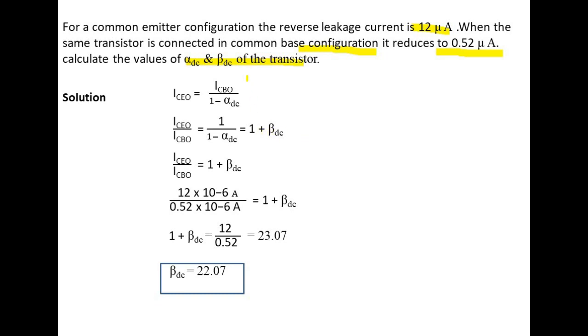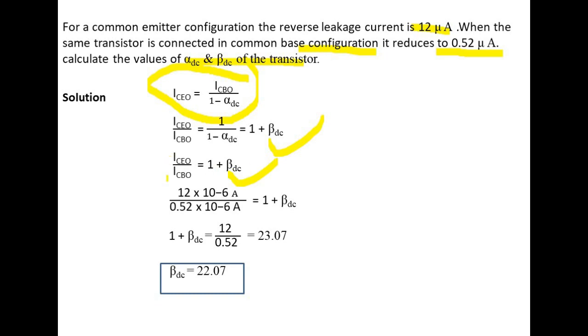To solve this question, we will be using the relationship ICEO will be equal to ICBO upon 1 minus alpha DC. That is ICEO upon ICBO will be equal to 1 over 1 minus alpha DC, and we know that 1 over 1 minus alpha DC is equal to 1 plus beta DC. So ICEO upon ICBO is equal to 1 plus beta DC.